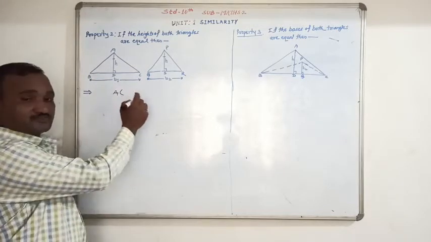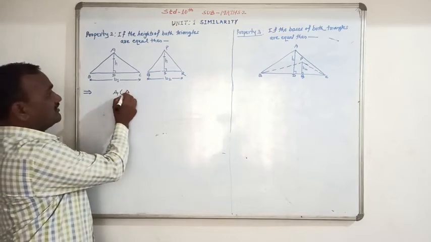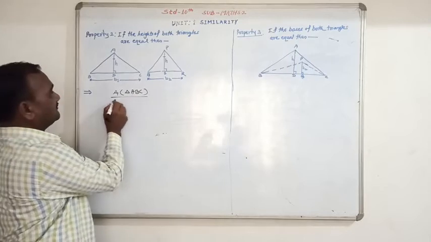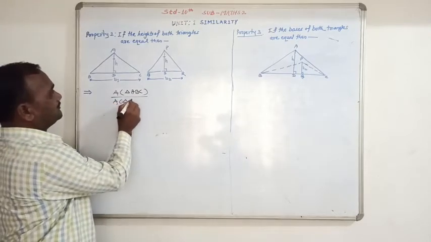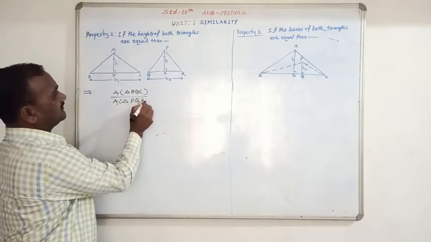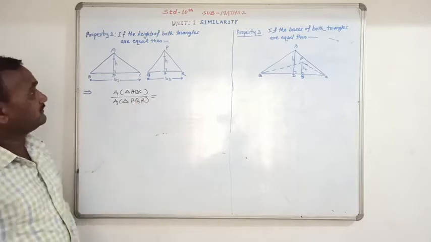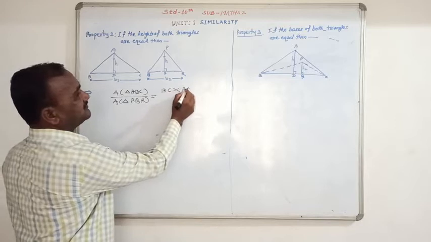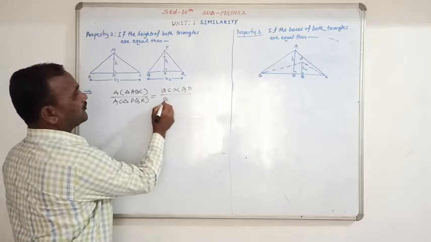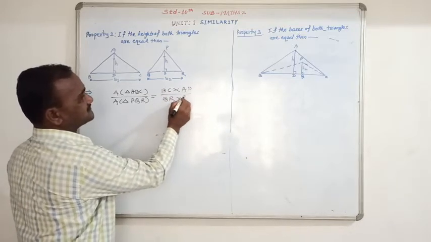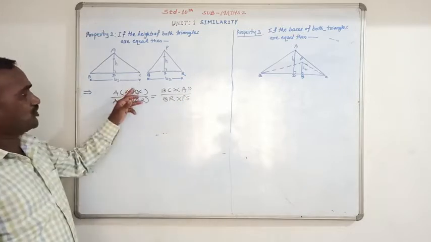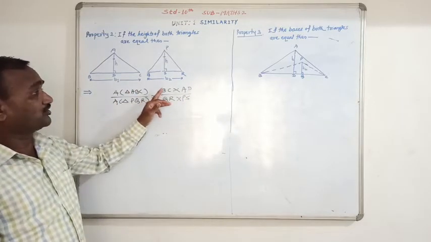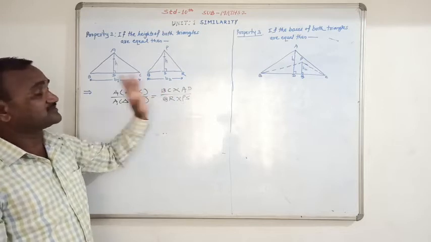So we know the first property, that is, area of triangle ABC divided by area of triangle PQR is equal to BC into AD divided by QR into PS. That is, ratio of areas of two triangles equals the ratio of the product of their bases and corresponding heights.